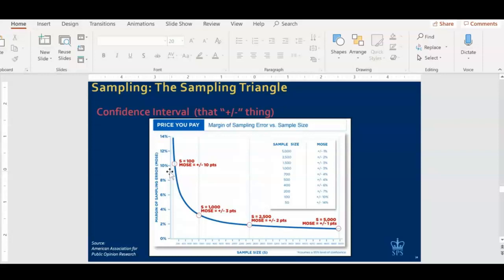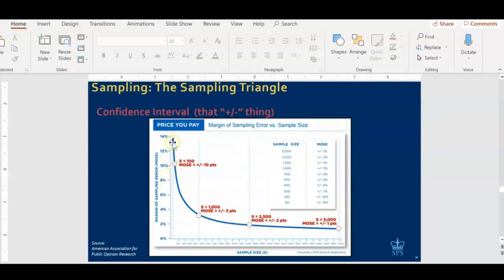The other reason why we don't sample larger sample sizes than necessary is because there's a cost associated with interviewing each and every respondent. So it gets very cost prohibitive very quickly as you move up to larger and larger base sizes.